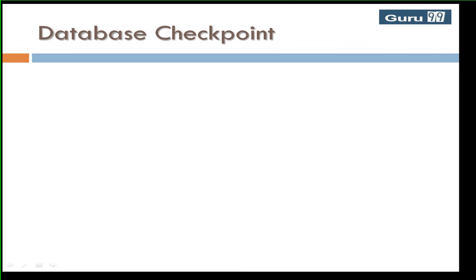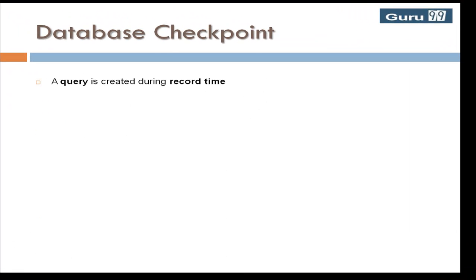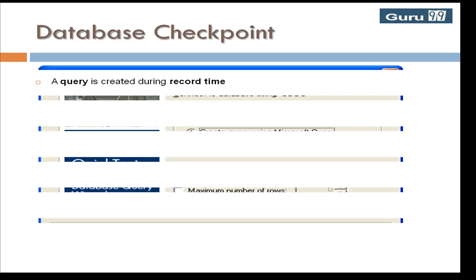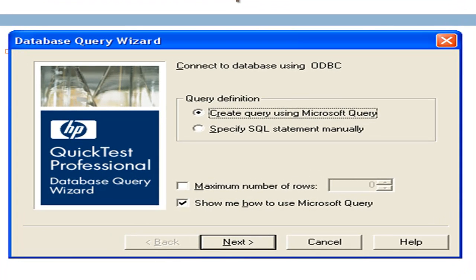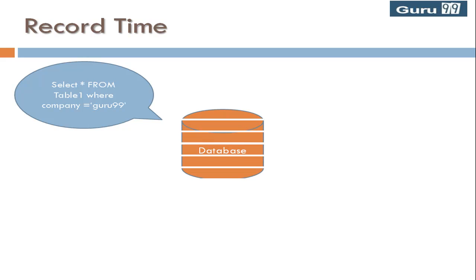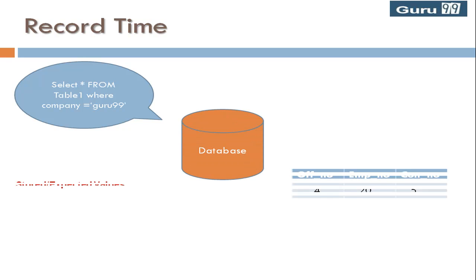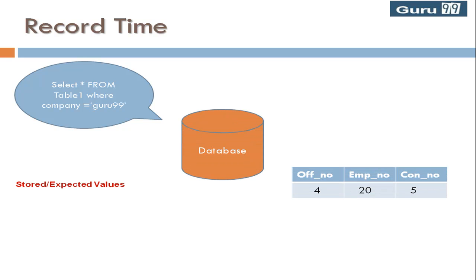Database checkpoints. In database checkpoints, a query is created during record time. A query can be created using the database query wizard, or you can manually specify the query. During record time, a query is created and sent to the database. The corresponding table results are stored as expected values in QTP.